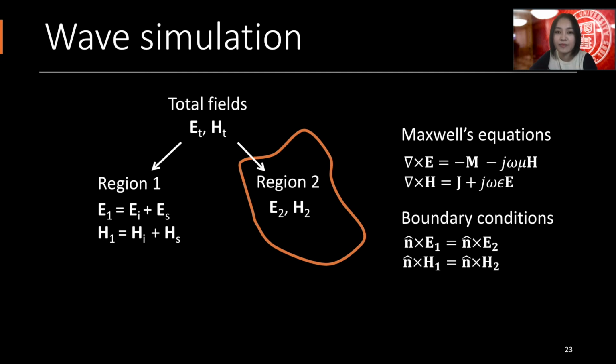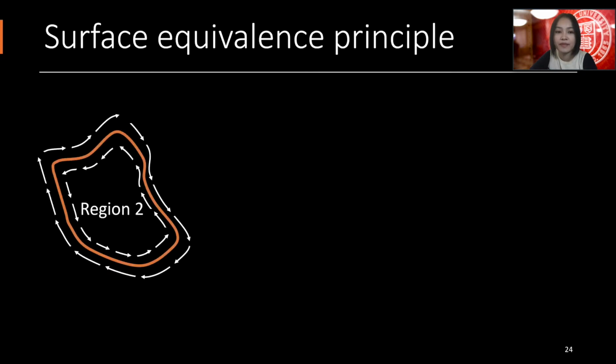This PDE problem is reformulated into a set of boundary integral equations where we can make use of the boundary element method to solve numerically. We introduce fictitious currents as intermediate quantities both on the outside and inside surface of the scatterer. We make use of the surface equivalence principle, which states that any fields that exist in a source-free region can be generated by some surface currents residing on the boundary of that region.